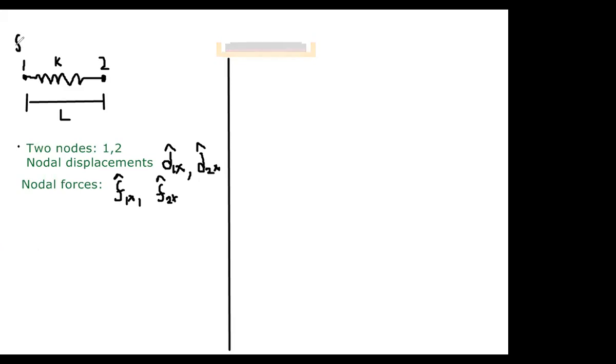So we shall have some force here, F1x hat and F2x hat. When you load it with these forces, possibly F2 is bigger than F1, it goes through displacement in this direction. So let's look at that situation.